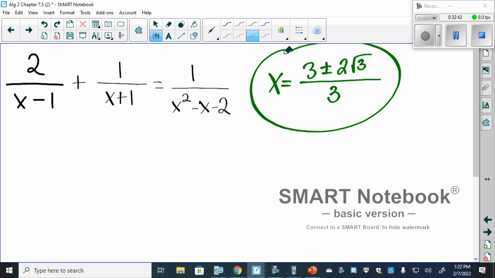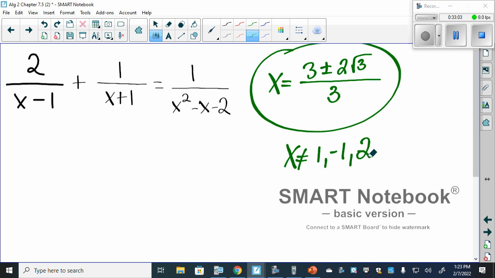We can have irrational solutions that work just fine. The restrictions for this are 1, negative 1, and 2, but that's not any of those there. So we can have irrational numbers as a part of our answer, and it still works just fine.